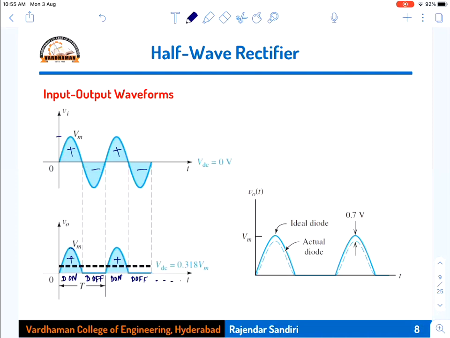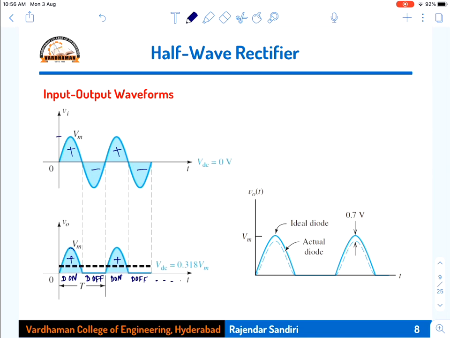But if you take an ideal diode, both input and output amplitudes will be Vm. In the practical case, it will be 0.7 volts less than the input voltage because of the cut-in voltage. Cut-in voltage means till that voltage the diode does not conduct. So we have to reduce that 0.7 volts from its maximum voltage.